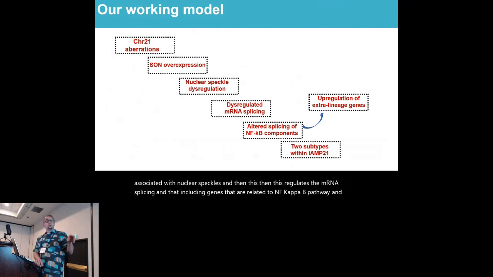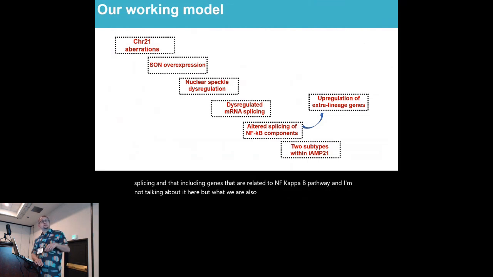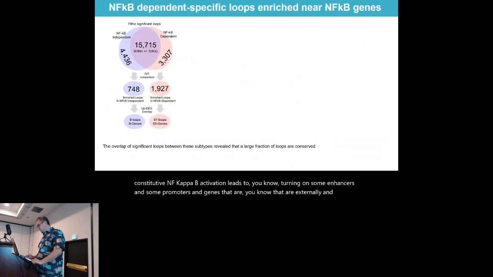I'm not talking about it here, but we are also seeing upregulation of genes that are not supposed to be expressed in B cells, like NK cell genes and T cell genes, which start popping up as expressed in these. So likely this constitutive NF-kappa B activation leads to turning on some enhancers, promoters, and genes that are extra-lineage, and then this leads to 2 subtypes. This is again a very simplified analysis.